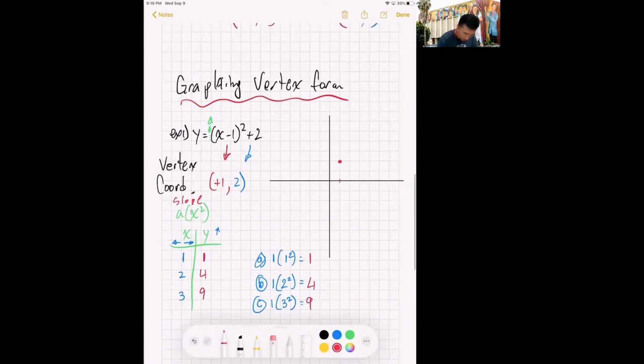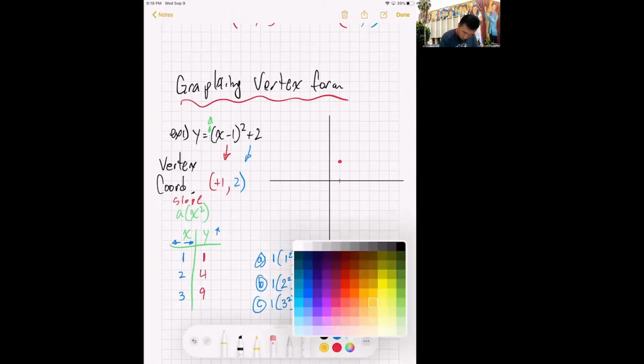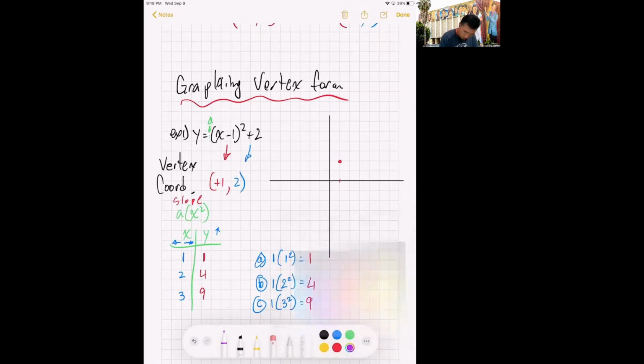That means that this number right here, the 1. Let me change colors. So the X tells me to go left and right. So I'm going to take one step, one step. Okay, so one step this way, one step that way.